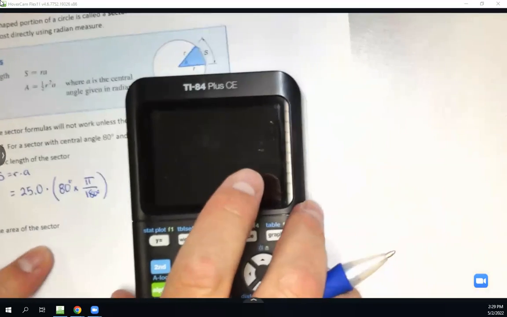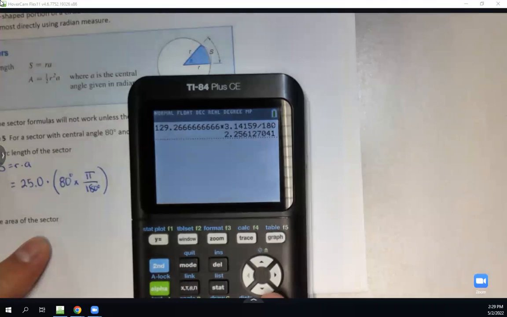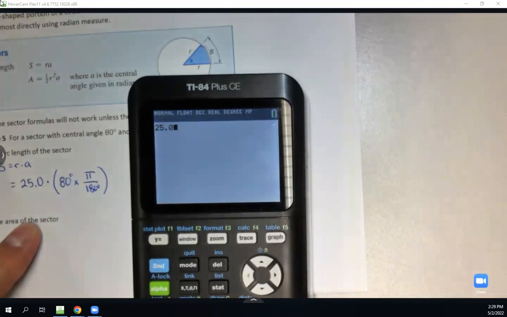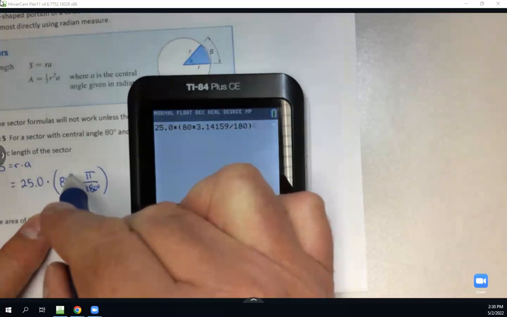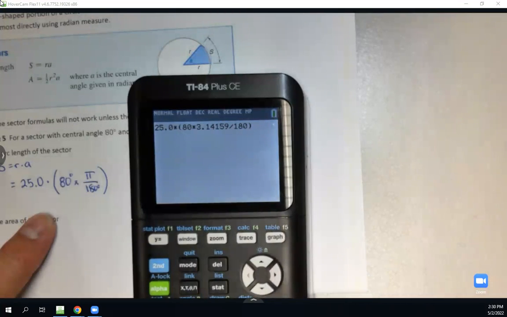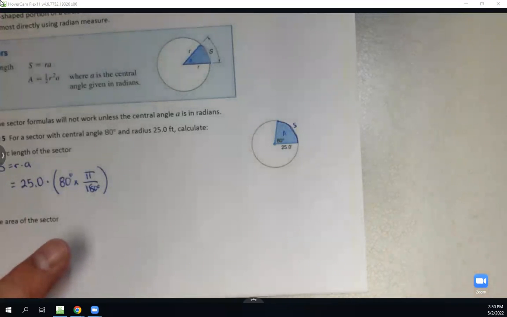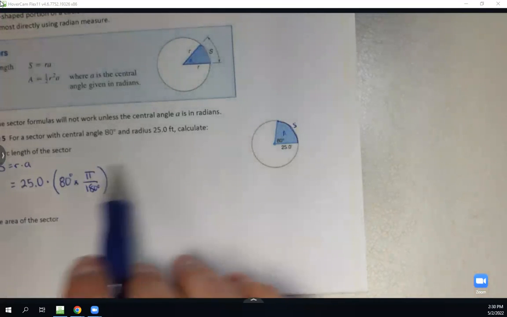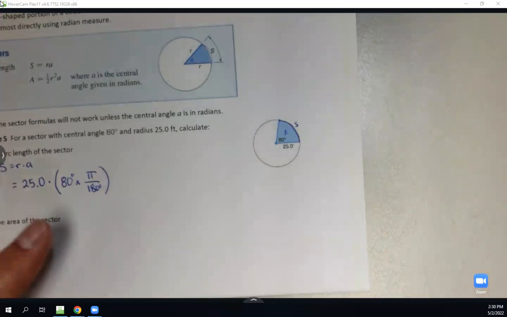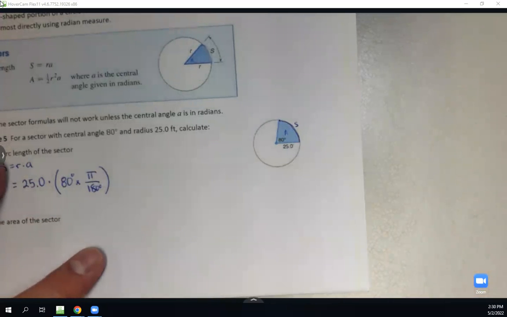So I'm going to just do that all at once here. 25 times 80 times 3.14159 divided by 180. And by the way, that's going to cancel out the degrees. And so I end up with 34.91 if I round to the hundredths. I didn't say on here where to round to, but I'll round to the hundredths.